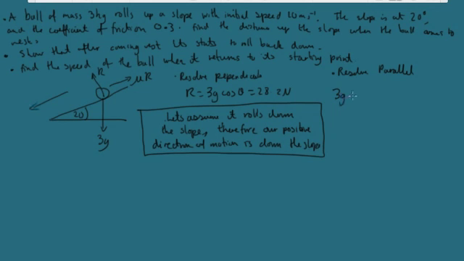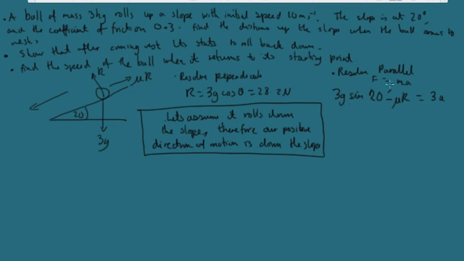So 3g sine 20 will be in this direction, and we're going to use F equals ma, and so that's down, but this is up, so the friction is going to be in the opposite direction, and it must be equal to the mass, which is 3, times a.